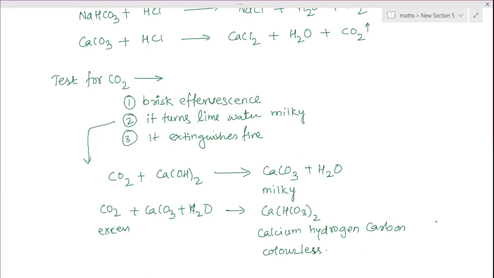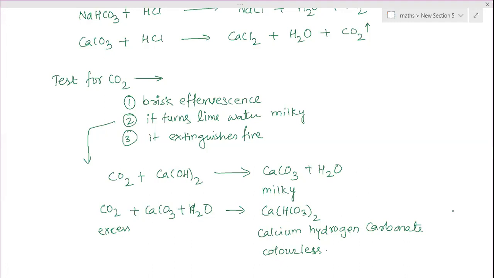When you pass carbon dioxide through the lime water, it turns milky due to the formation of calcium carbonate. And when you keep on passing carbon dioxide, calcium hydrogen carbonate is formed, which is colorless, due to which the milkiness disappears.